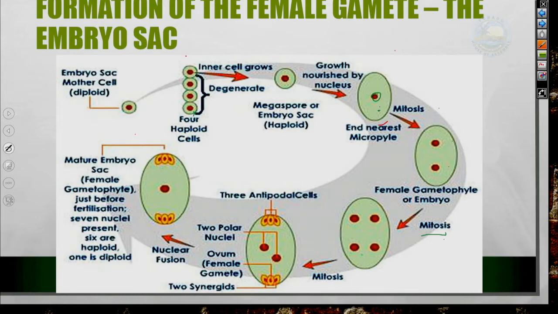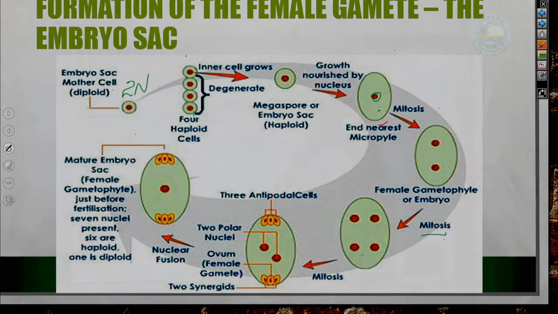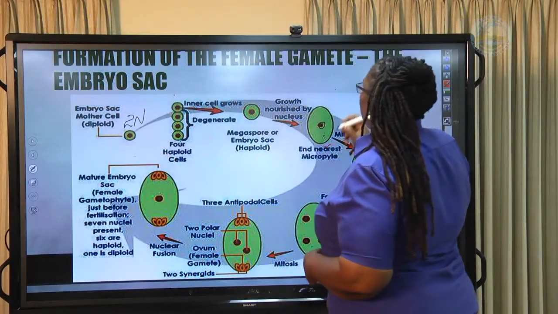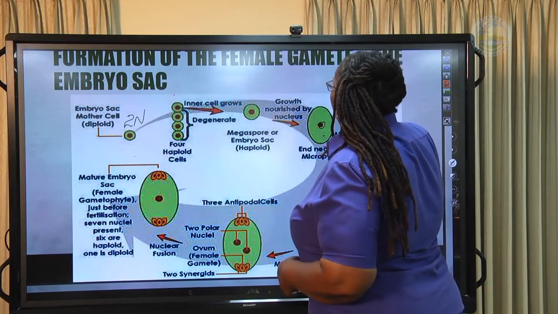So I'm just reiterating the point about the process. You started off with the embryo sac mother cell, which was 2n, and this went through the process of meiosis.